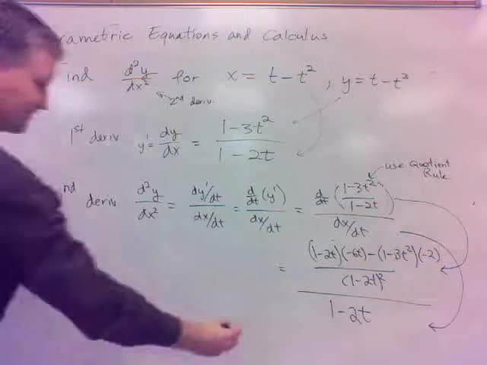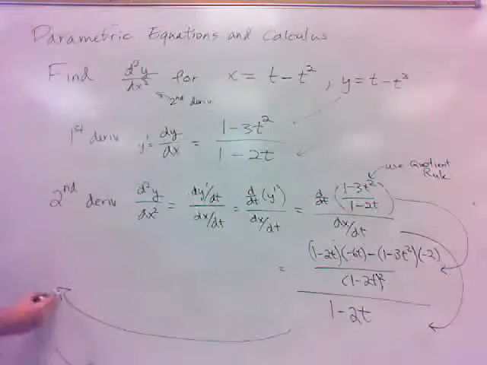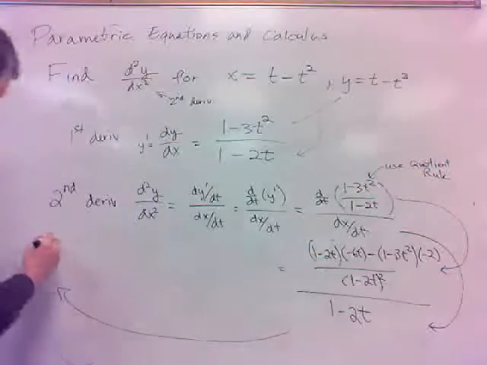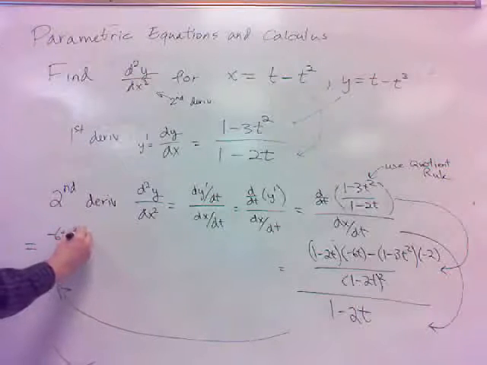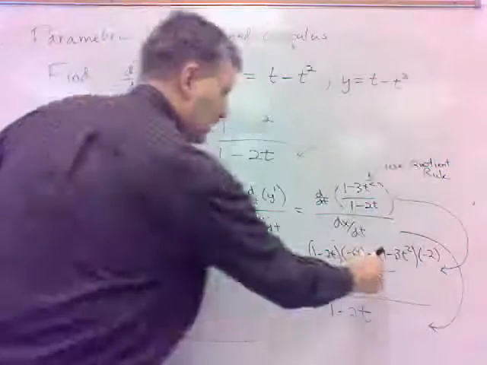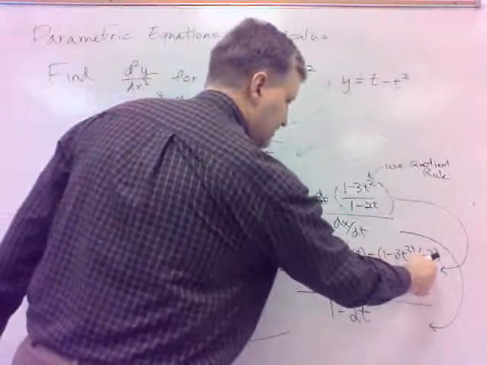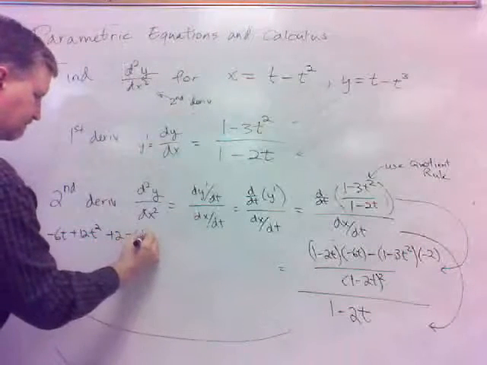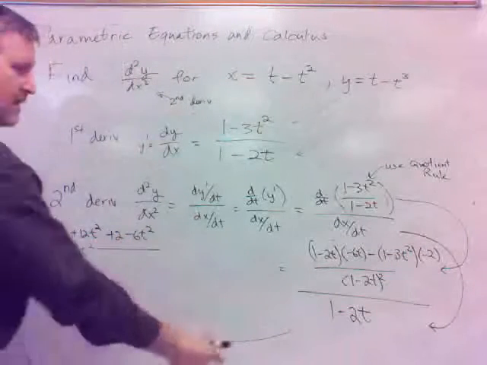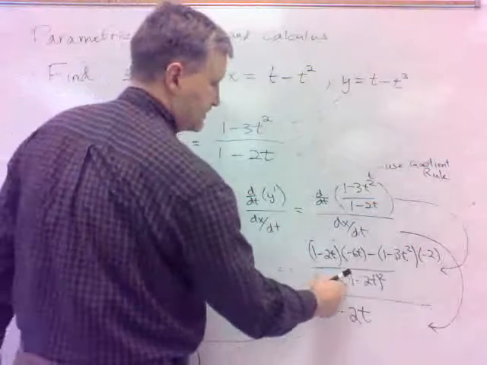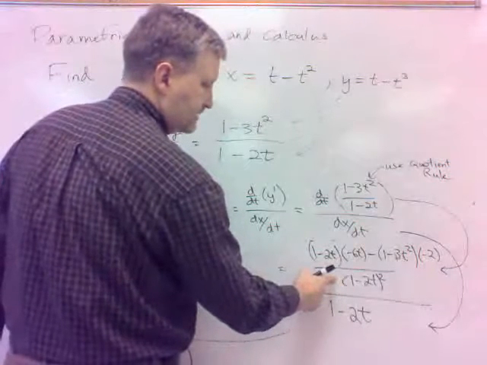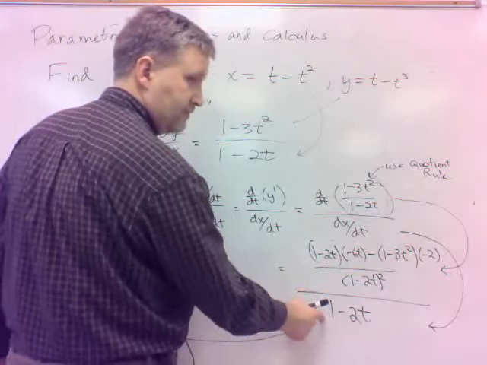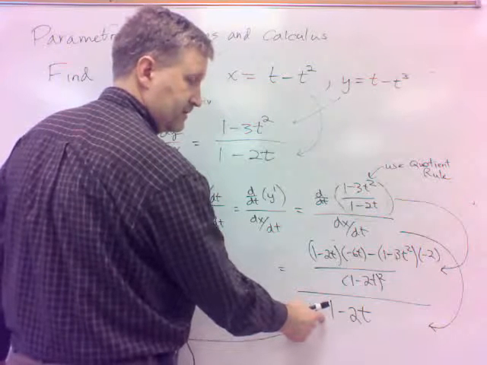All right, so let's see how we go. That would be negative 6t plus 12t squared. Minus minus, so it would be plus 2, so it would be 2 minus 6t squared. And then the good thing here is we've got 1 minus 2t squared in the denominator, divided by 1 minus 2t. What's going to happen there?